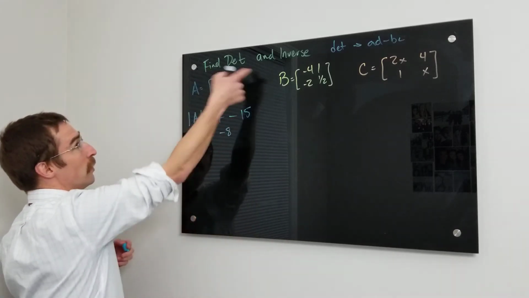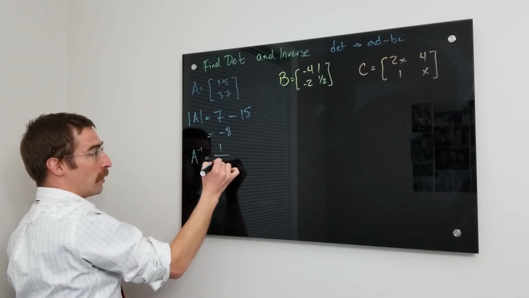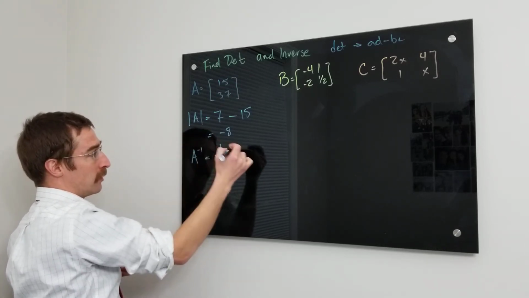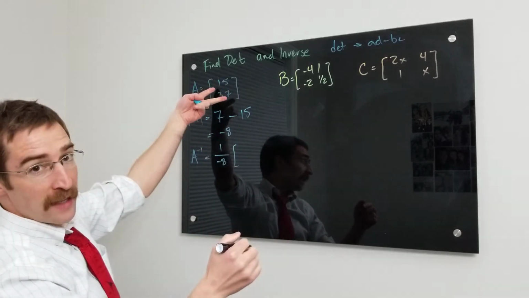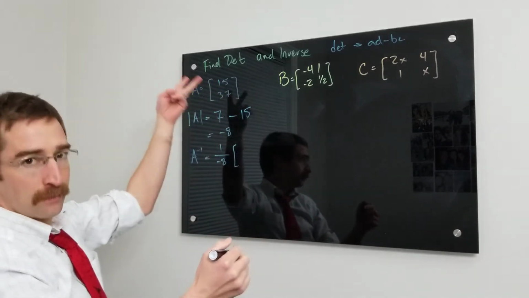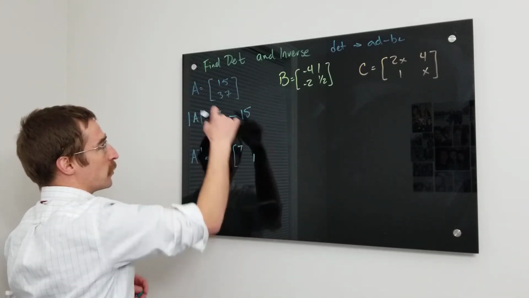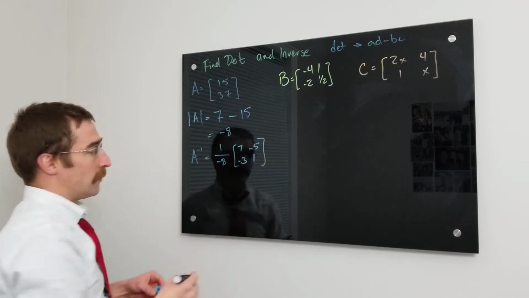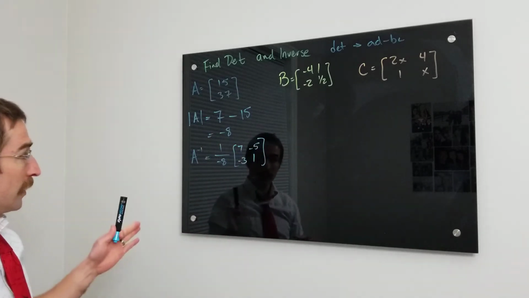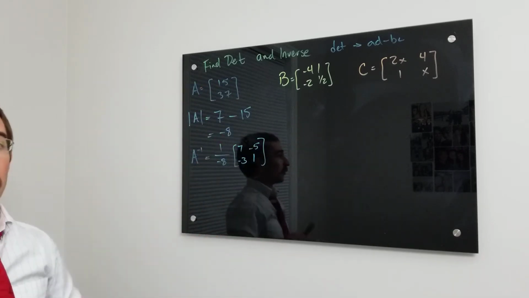So now we need to find the inverse. A inverse is 1 over the determinant times, and then we switch A and D. Remember, this is from before our break. So 7 and 1 switch spots, and then we take the opposite sign of B and C. Now for a final answer, we want to distribute that 1 over determinant in.